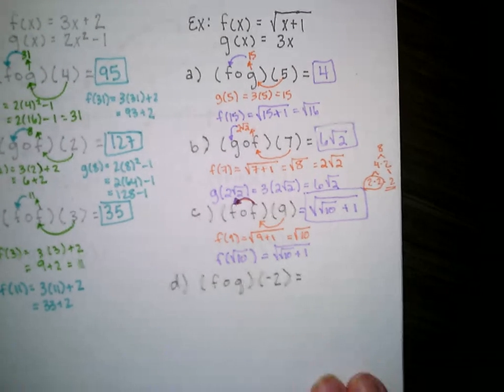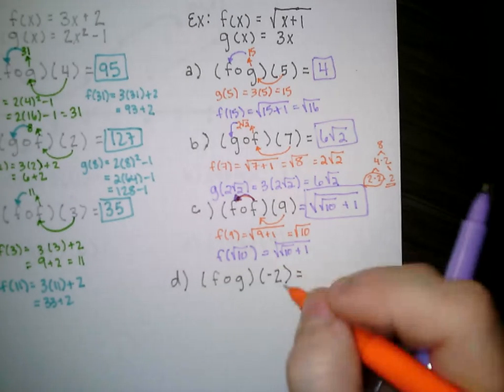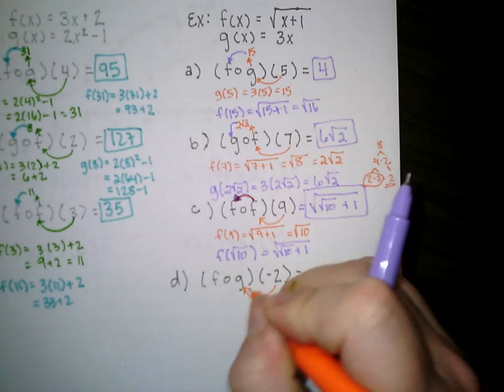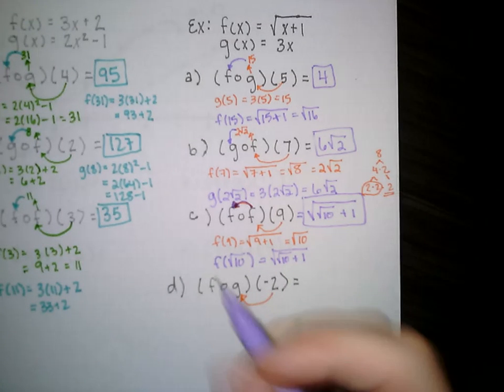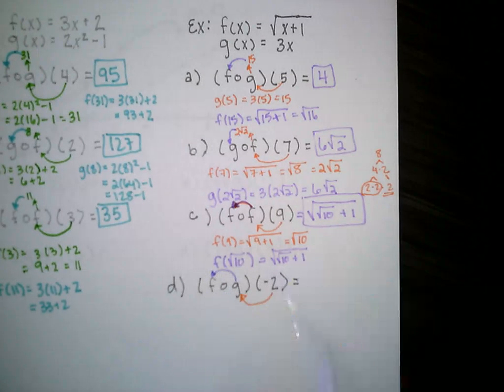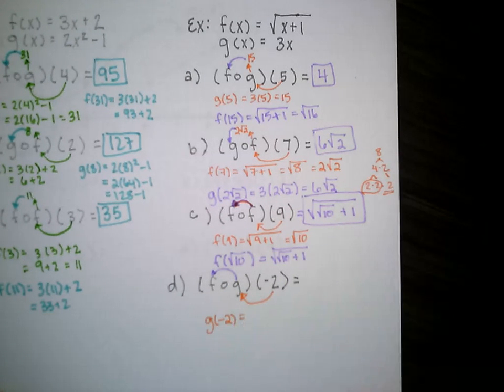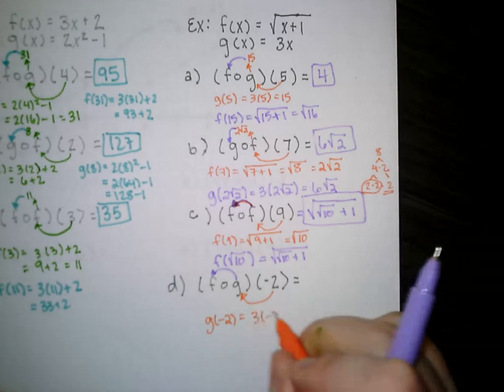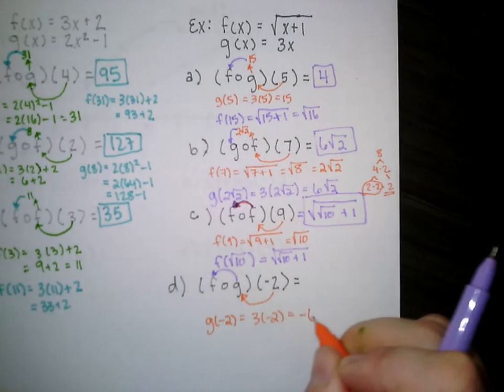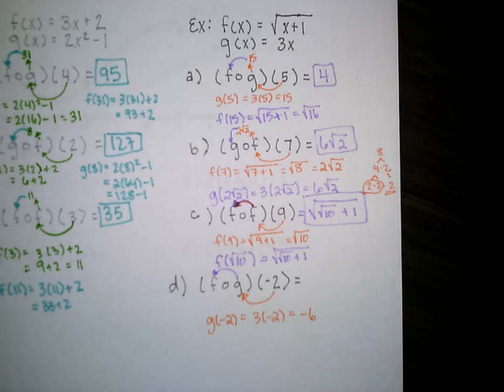Okay, next. This is our last one, then we get to go to the next page here. Negative 2 goes into g. The output goes into f. Okay, so g of negative 2 would be 3 times negative 2, which is negative 6.